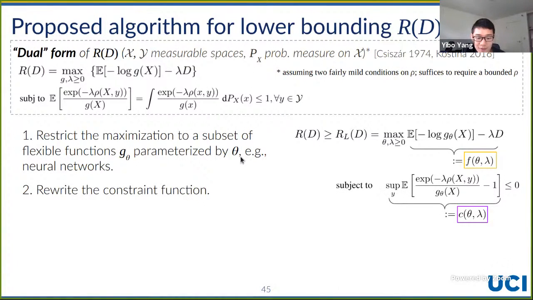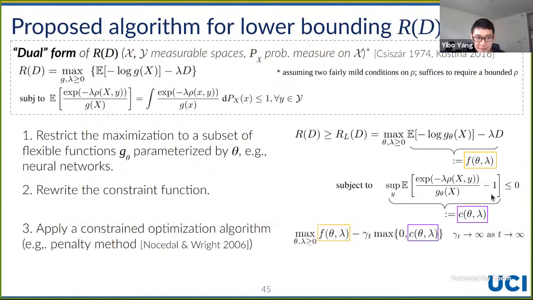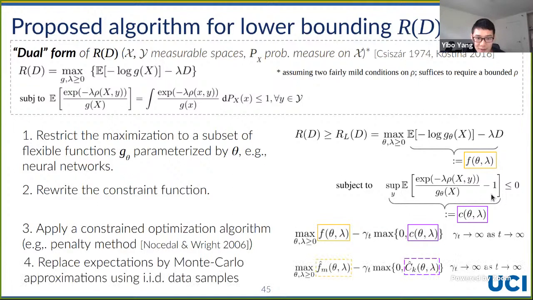And we can equivalently rewrite the constraint as: this supremum over y of this expectation needs to be non-positive. Then we can apply a constrained optimization algorithm to maximize this function of theta and lambda while trying to keep the constraint non-positive.